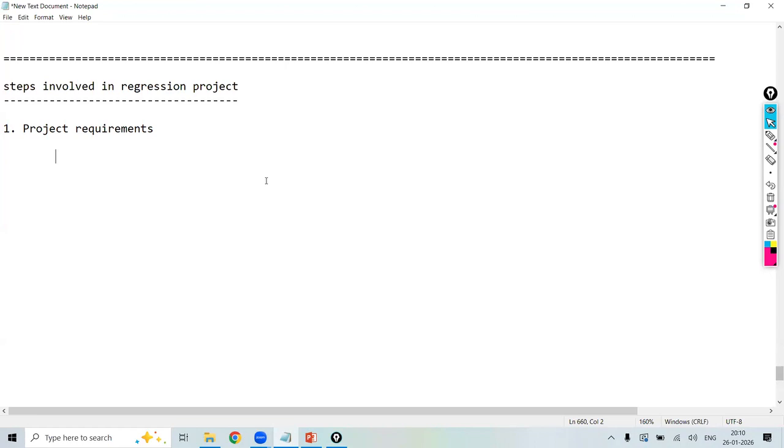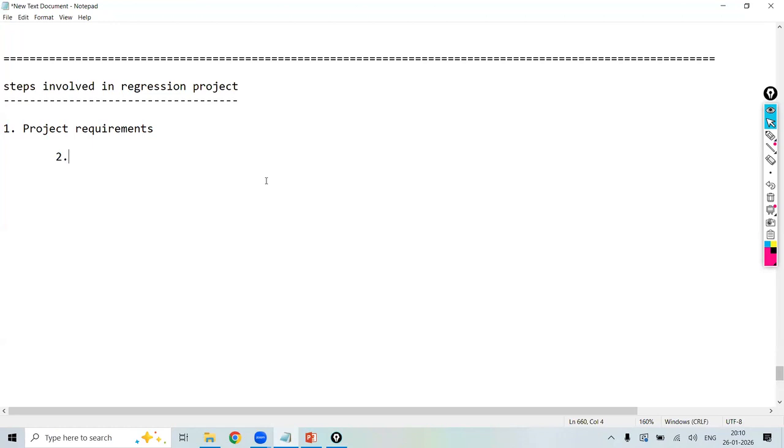You observe all these things in step one only. How, sir? I'll show you two examples. I'll do two projects, one simple regression project and one multiple regression project. I'll explain clearly, and you also have to apply the same logic in every project.